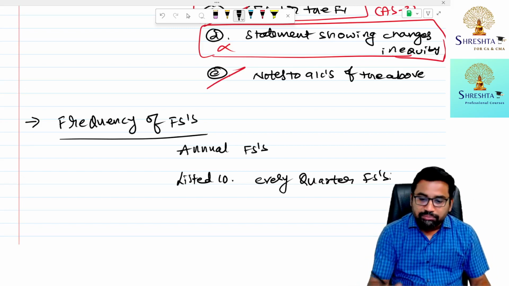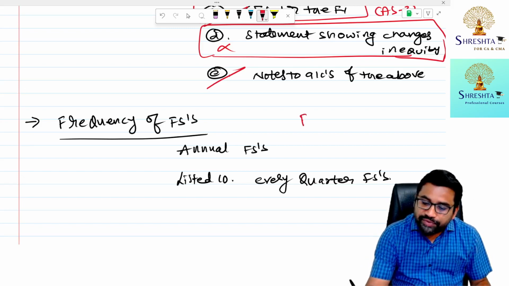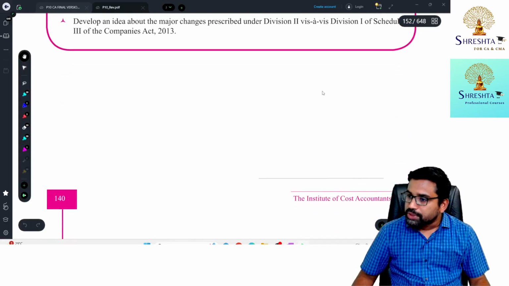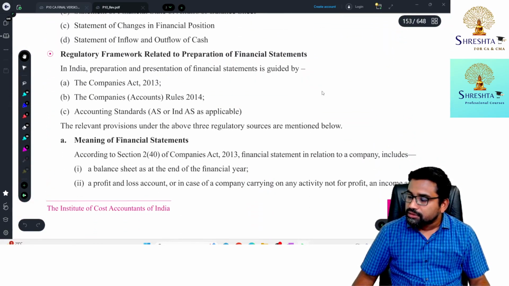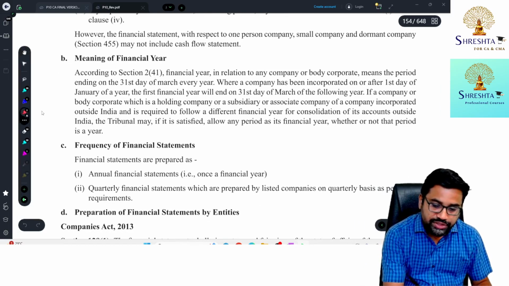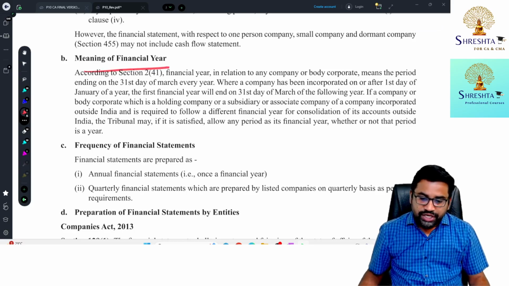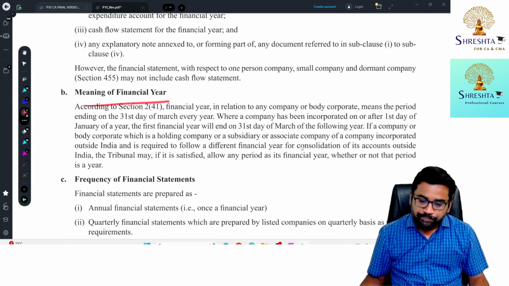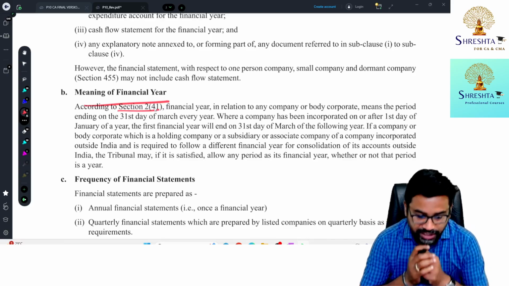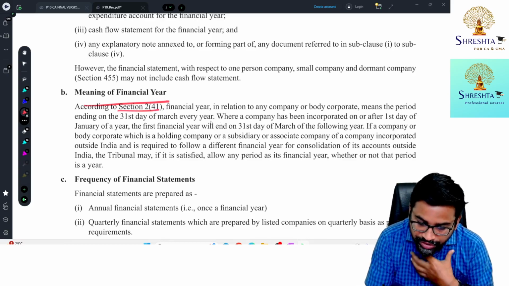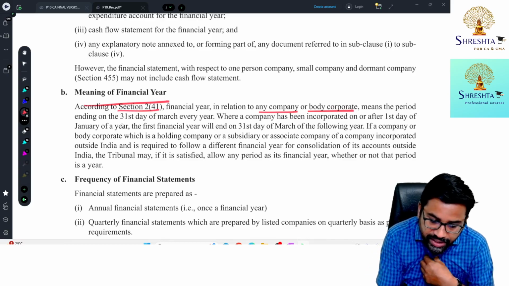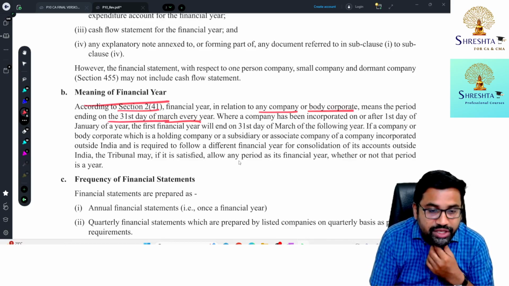Now see here, one important point we need to learn, sir. What is financial year? In your study material, this definition is also there. Please, if you have the study material, see the definition of financial year, which is very important. Section 2 clause 41 says about the meaning of financial year. Financial year means, in relation to any company or body corporate, the period ending on 31st March every year.